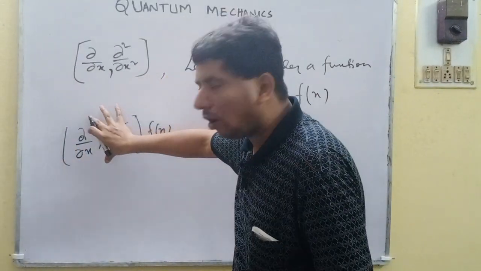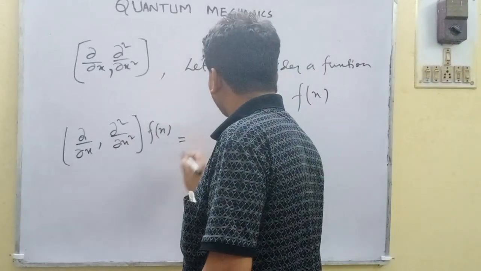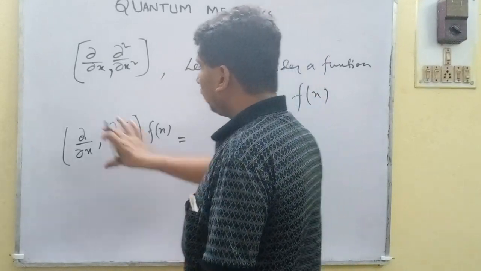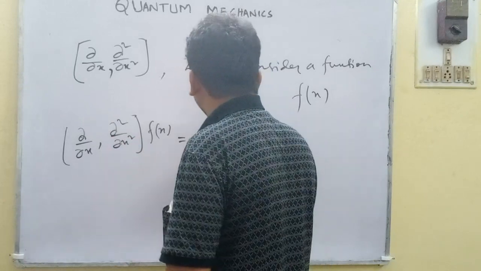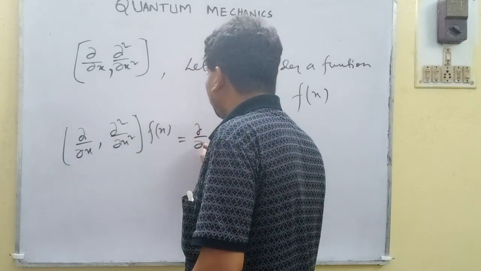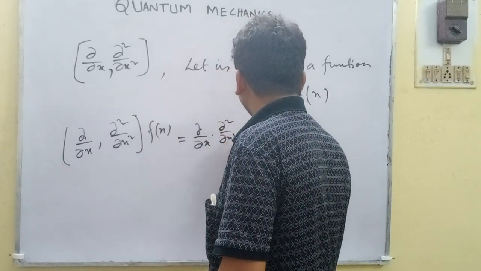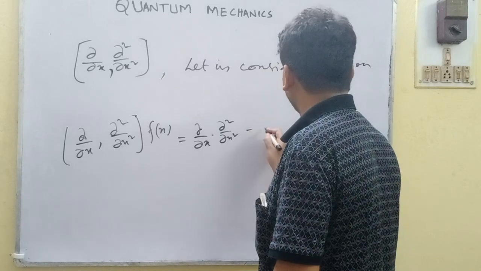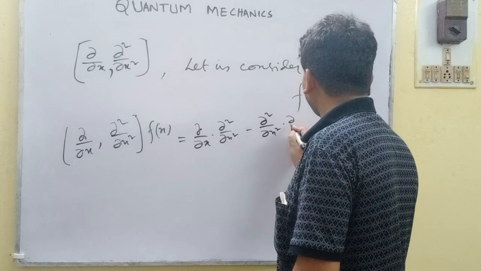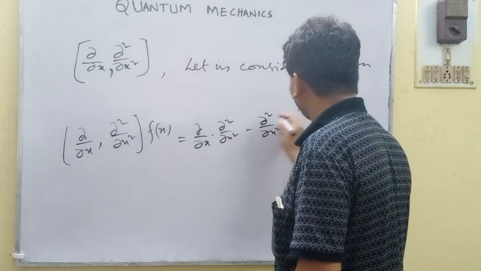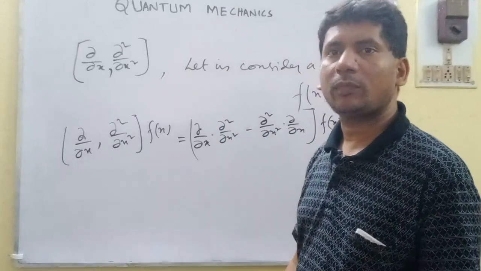Is this commutative or non-commutative? We don't know. Then del x into del 2 by del x 2 minus del 2 by del x 2 into del x, on f(x).